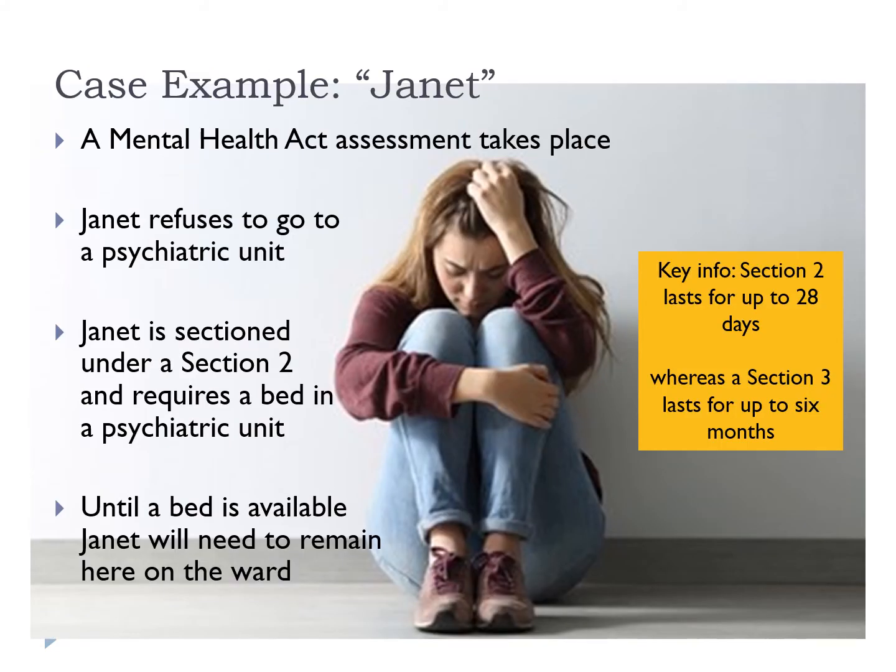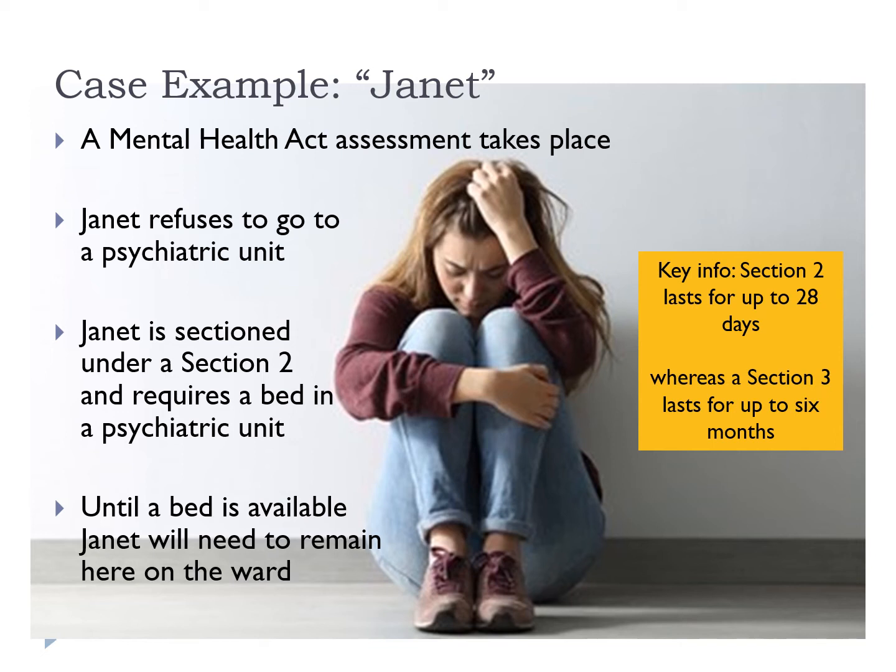So going back to Janet, the 5.2 is in place and the team arrived to do a mental health act assessment. This usually consists of 2 psychiatrists and an AMP, as I mentioned before. So the assessment takes place, and this can take a little while sometimes, but after that it is felt that Janet is a high risk of further suicide attempt and it's not safe for her to return home, and she does require admission to a psychiatric hospital.